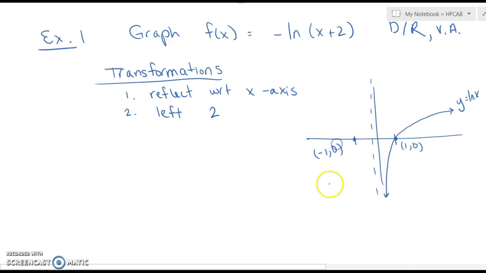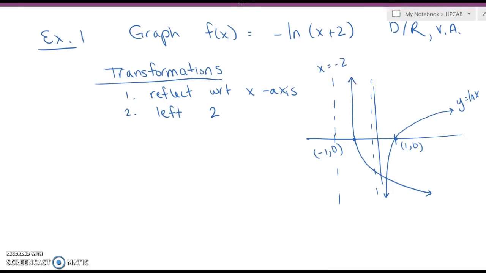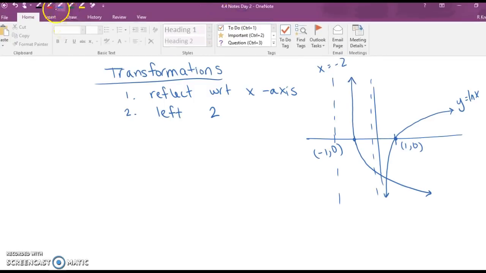So we're going to end up here at negative 1, 0, and the graph is going to end up looking like this. The vertical asymptote is also shifting to the left too. So our new vertical asymptote is going to be here at x equals negative 2. I probably should do this in a different color so you can see it better.